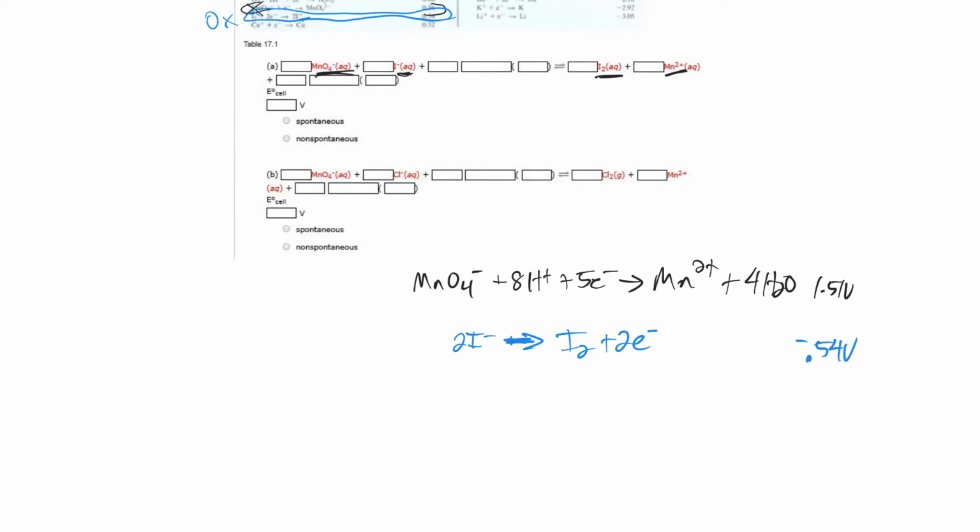The electrons have to cross out. So I'm looking in the reduction reaction, I see 5. In the oxidation reaction, I see 2. Lowest common multiple between 5 and 2 would be 10. So let's double the permanganate reaction and quintuple the iodide. Rewriting everything.